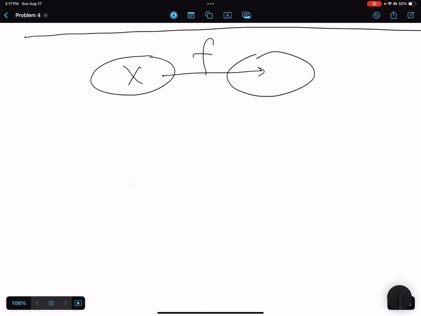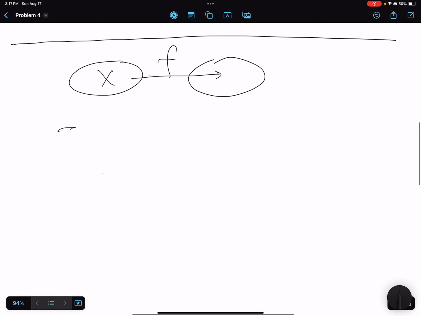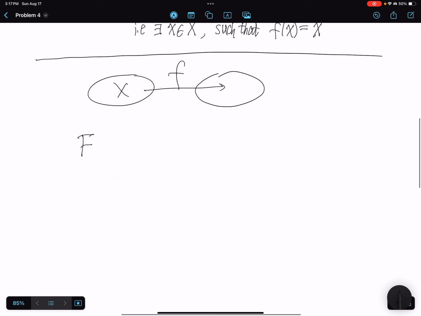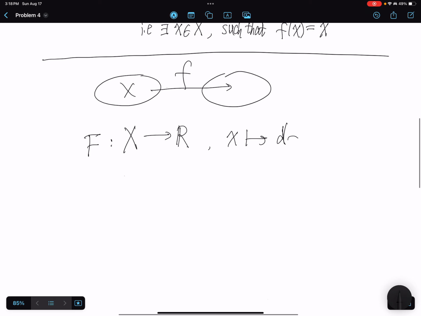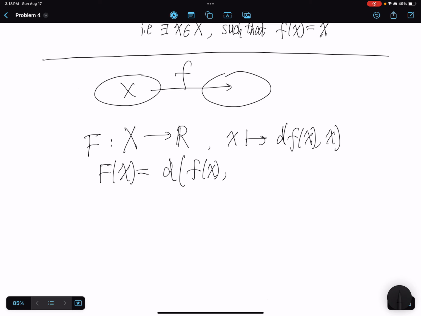We define a function, let's call it g, from X to the real numbers. For any x, we map to the distance between f of x and x, so g of x equals the distance between f of x and x.